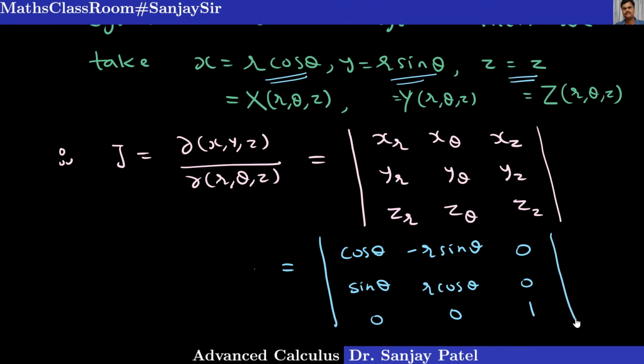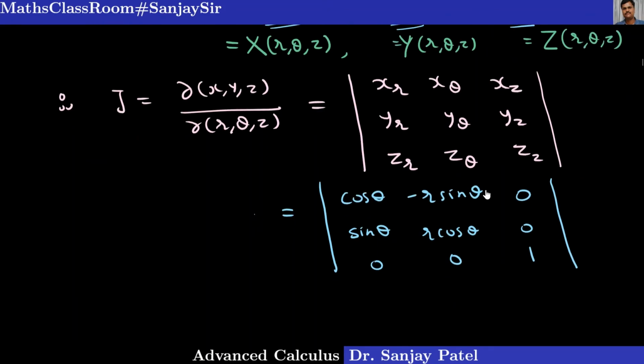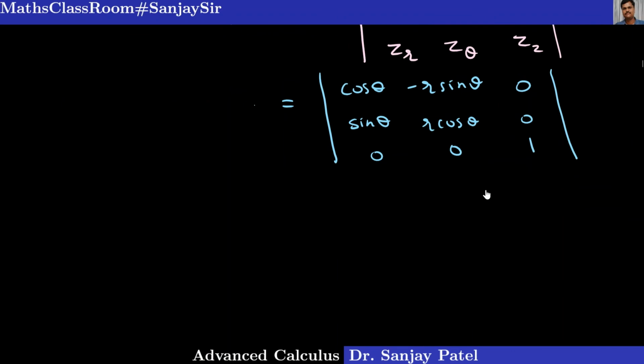So we just have to simplify this determinant. It is very simple. I can expand this determinant by the third column. So I consider this element and hide this row and this column.